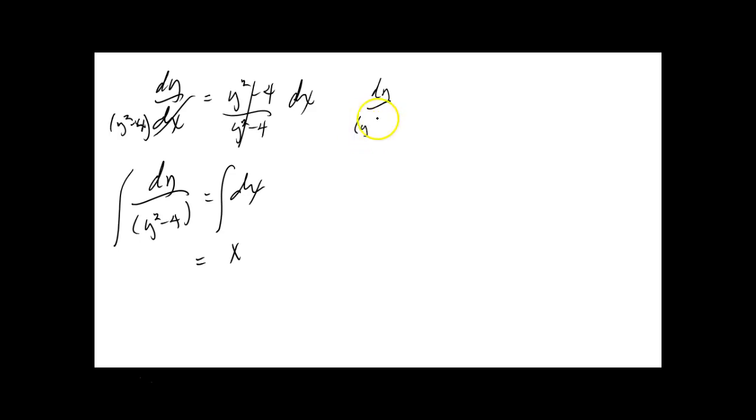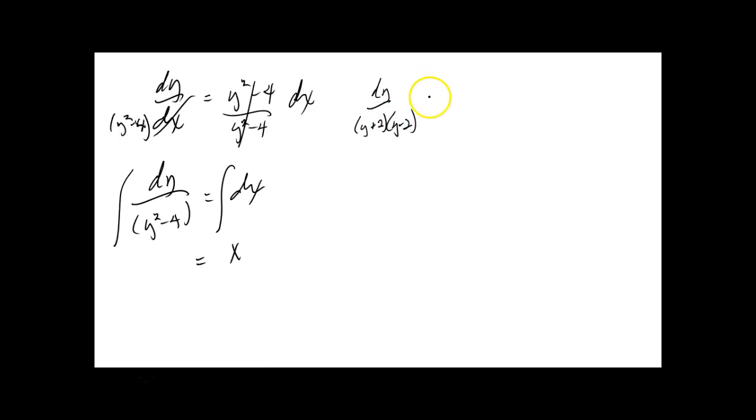Factor the denominator, y squared minus 4. We just want to say y plus 2 times y minus 2.